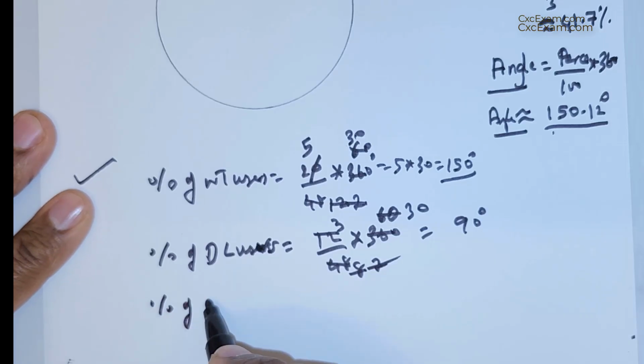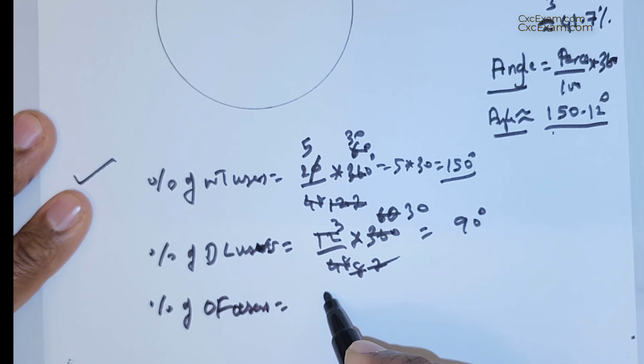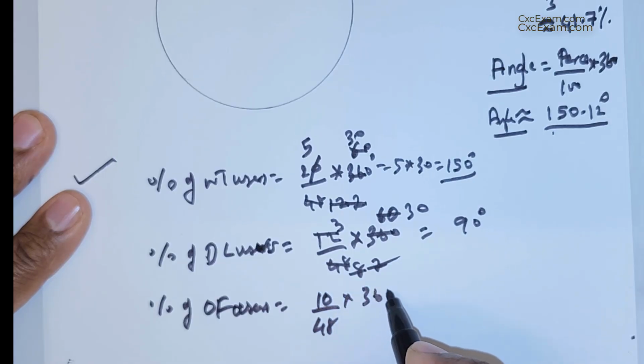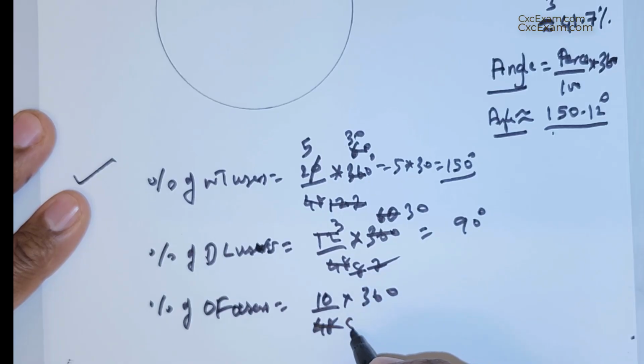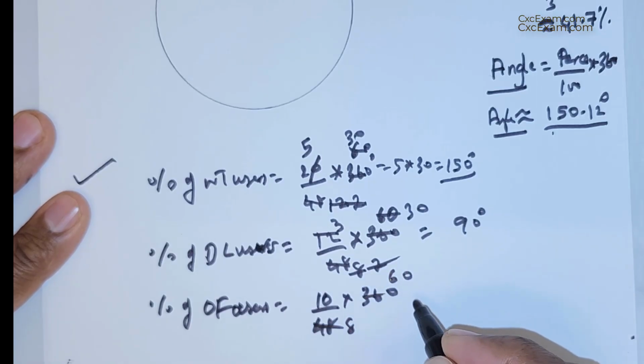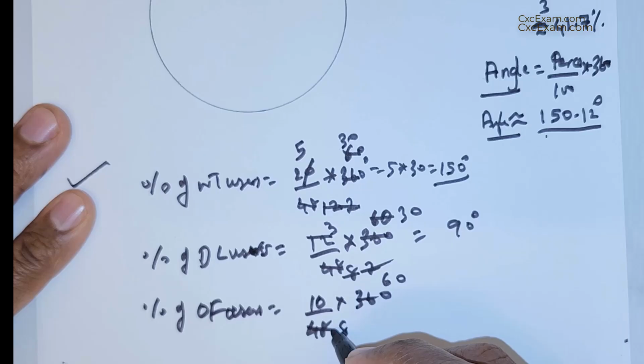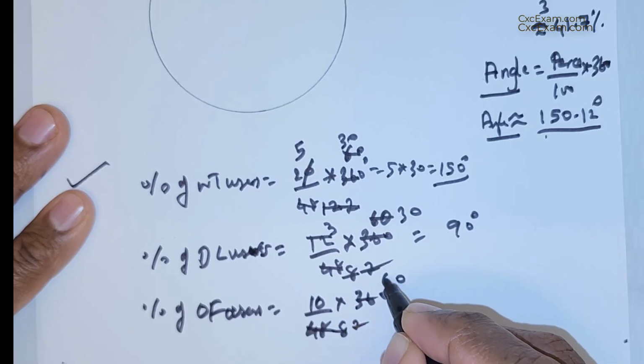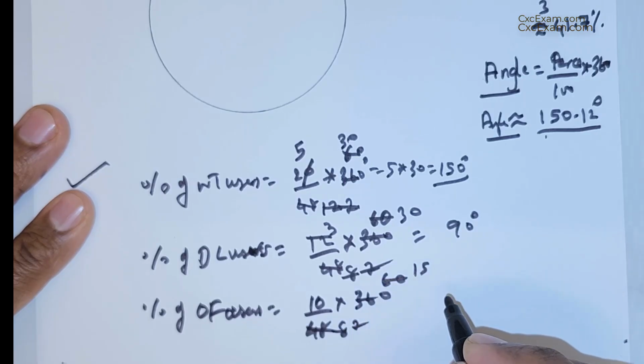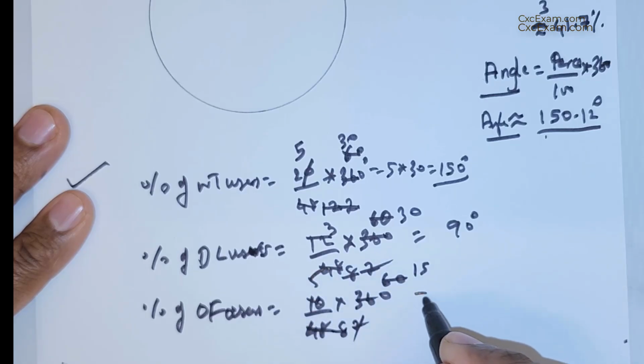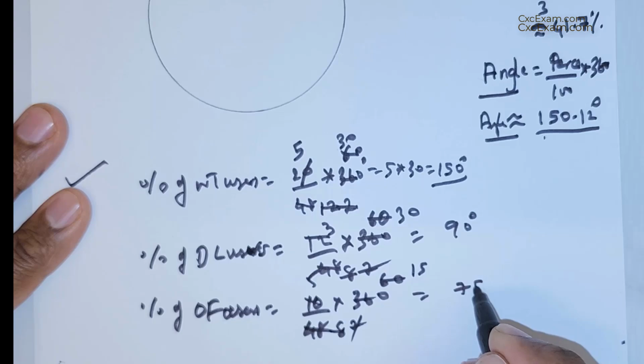Next is percentage of OP users. Number of OP users are 10 divided by 48 multiplied with 360. 6 8s are 48, 60, and 4 times 2 is 8, 4 times 15 is 60, 2 divides here, 5 times 15 is 75 degrees.